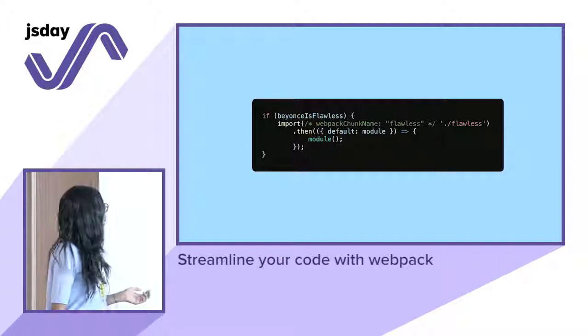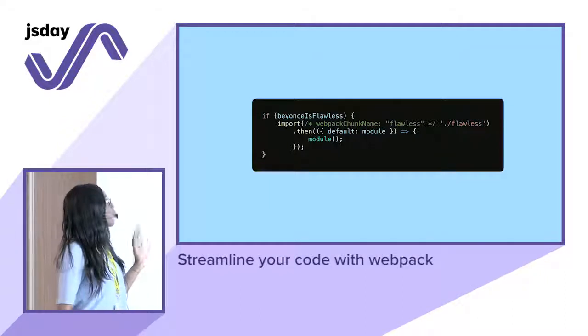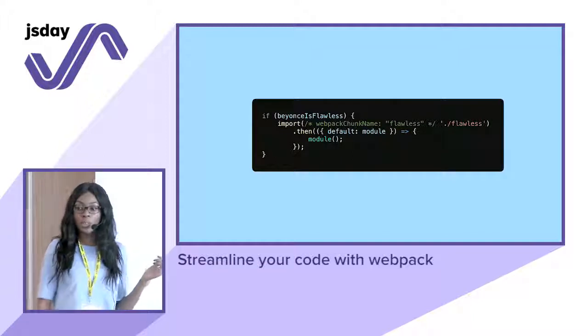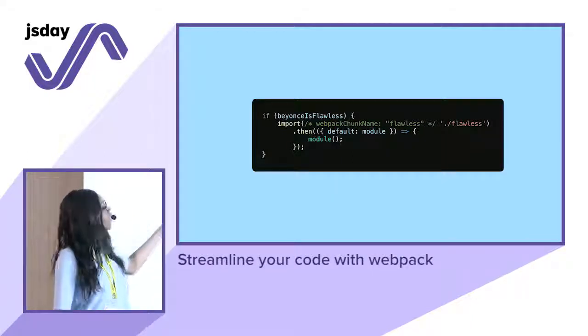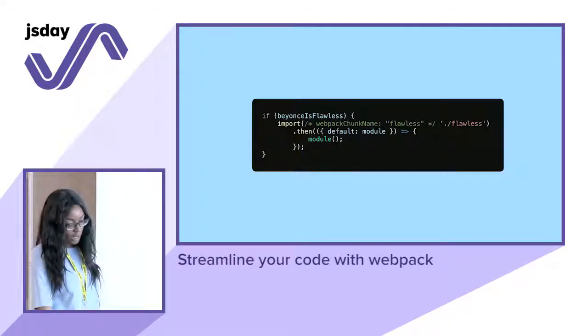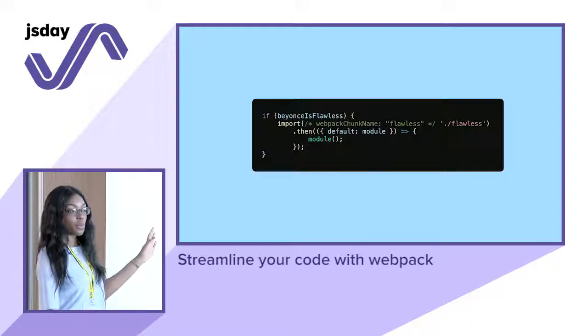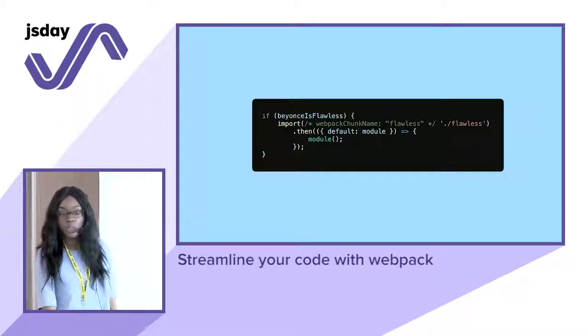So it looks a little bit like this. You can give it any condition and say that you only want to import your module based on that condition. So in this case, if Beyonce is flawless, then go and import the flawless module. And all you need to do with the import function is pass in the location of where that module lives.